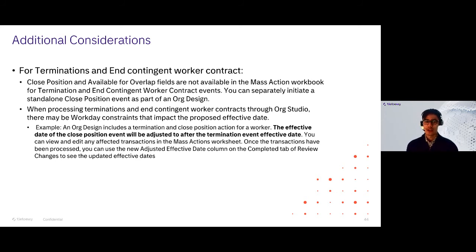These can then be adjusted in the mass action worksheet before processing it. So all of the designs that you make in Org Studio are proposals, but before actually making the changes in the system, you have the possibility to review all of the data and override it in the mass action workbook.